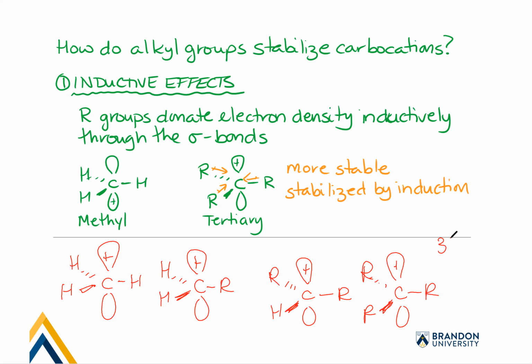You had a tertiary carbocation, a secondary, a primary, or a methyl. The most stable carbocation was the tertiary, right? So most stable to least stable, and it basically went in this direction.